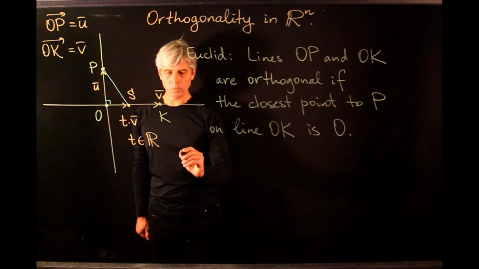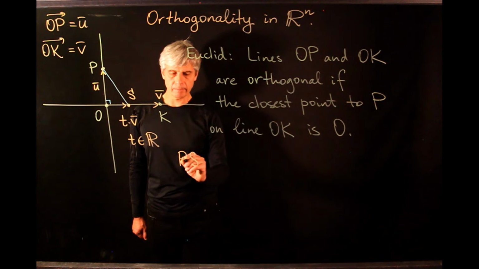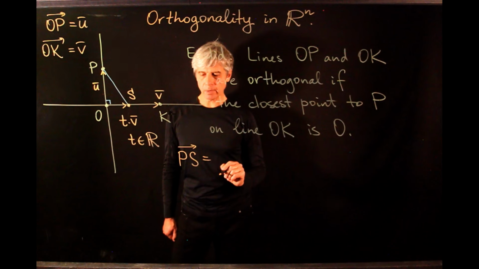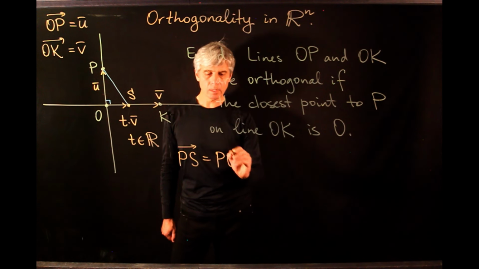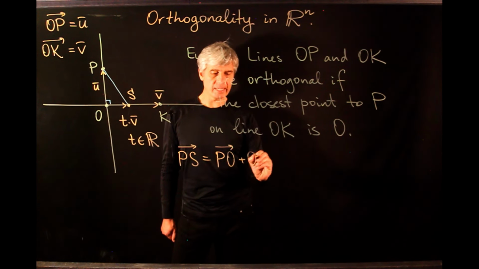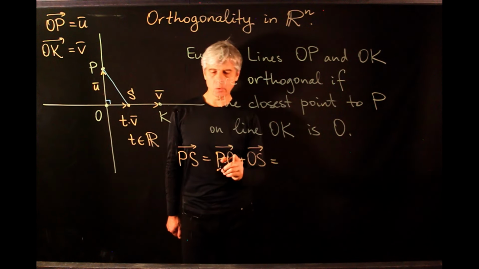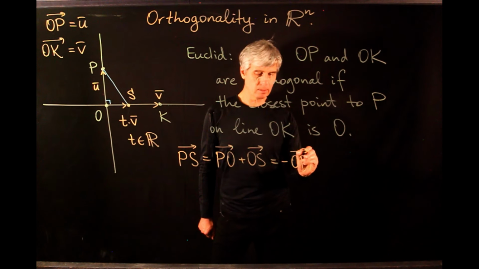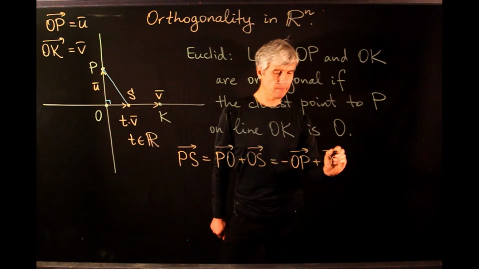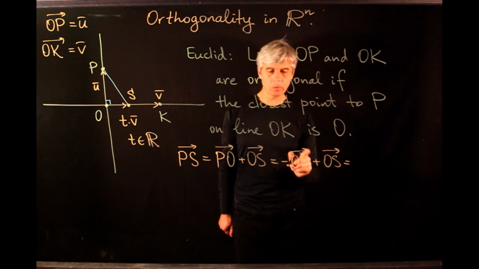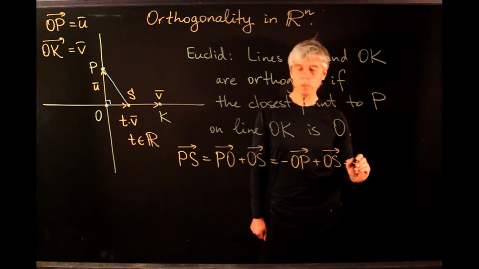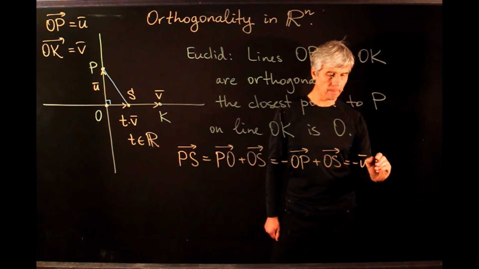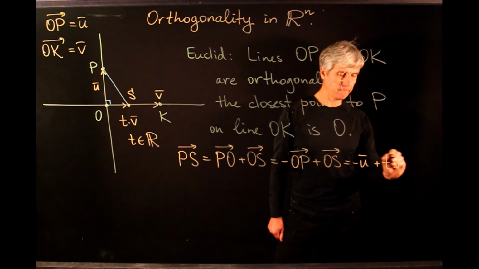Let us write down what the vector PS is. So the vector PS can be written as PO plus OS. So PO is negative OP plus OS. And so this is negative U, and OS is T times V.